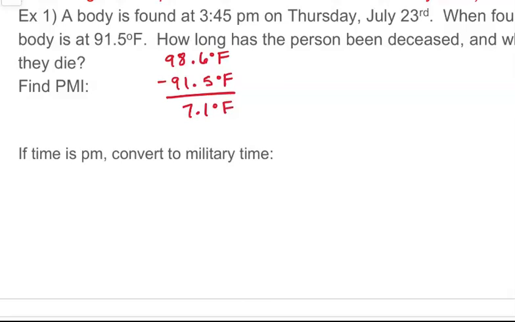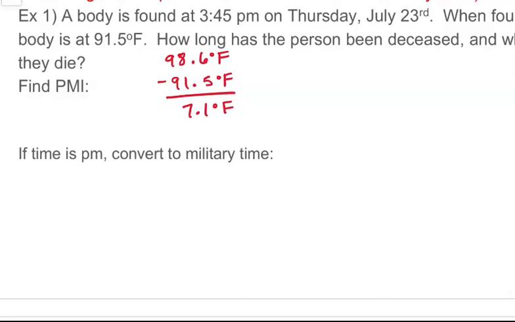Now, how long does it take a person to drop in temperature by 7.1 degrees Fahrenheit? Well, if we're in the first 12 hours, which we are, because remember, it takes 12 hours for the body to get to 81.8 degrees Fahrenheit. And again, this is all from last time, so this should be a review if you were here last time.